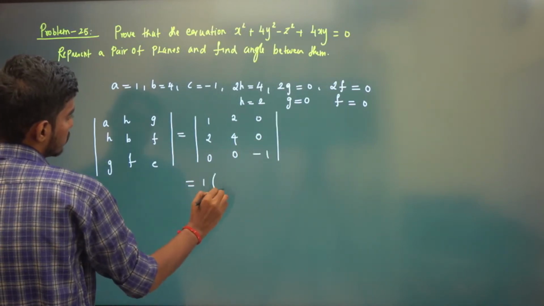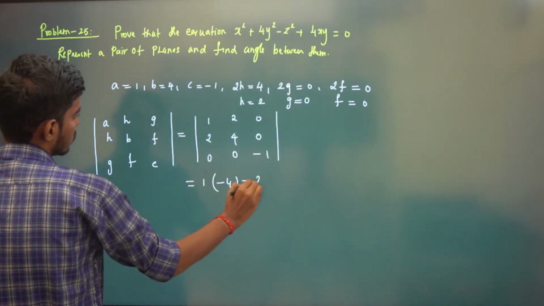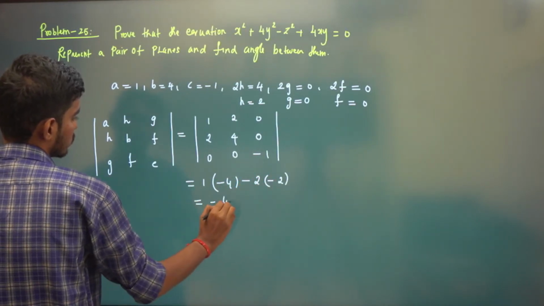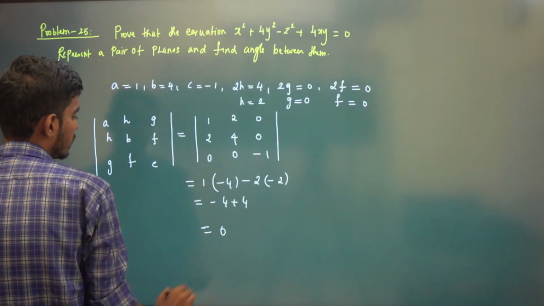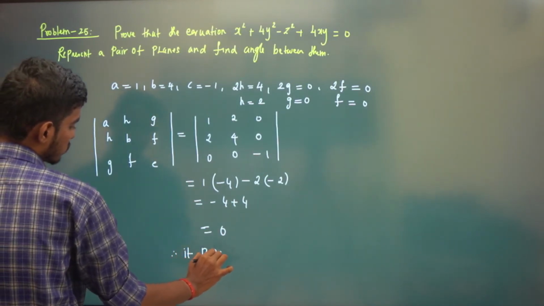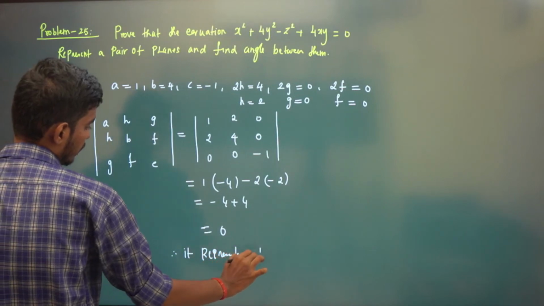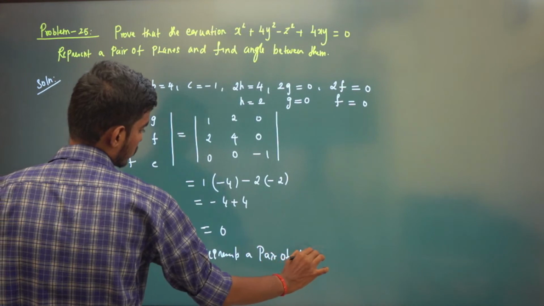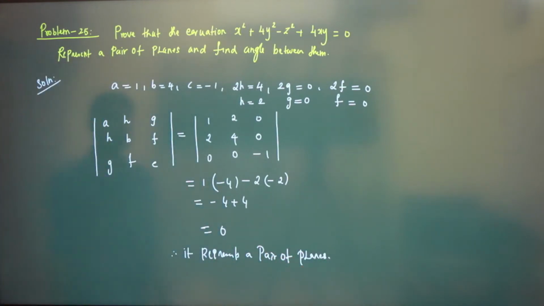To expand this, the determinant is 0, so therefore it represents a pair of planes. So we have shown the first part.